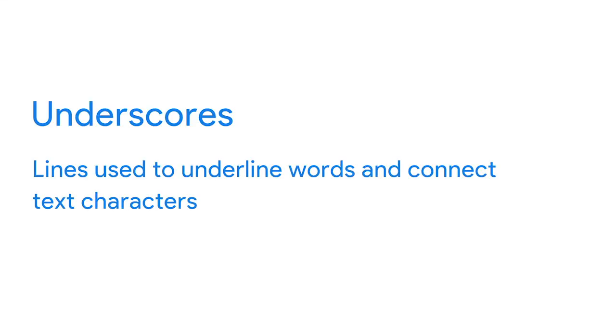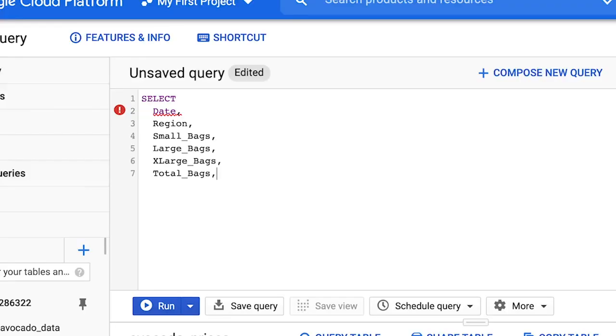Underscores are the lines used to underline words and connect text characters. Using spaces can confuse certain servers and applications, so using underscores instead helps avoid potential issues while keeping the names readable.